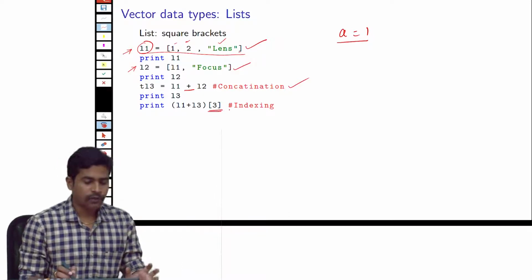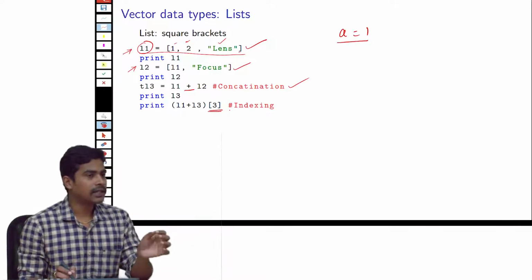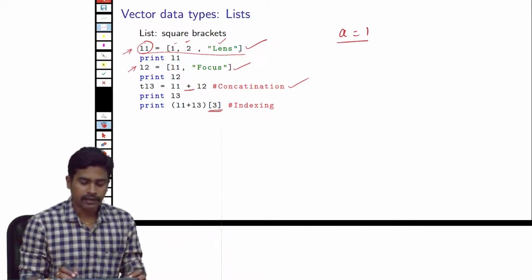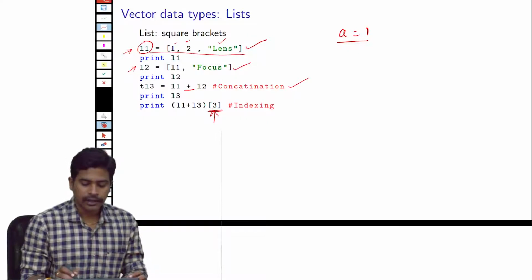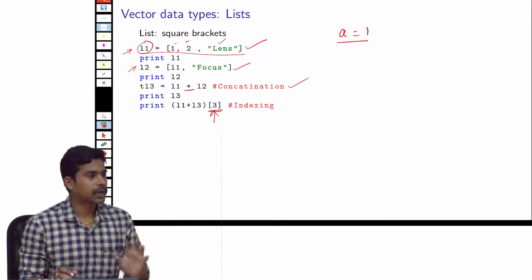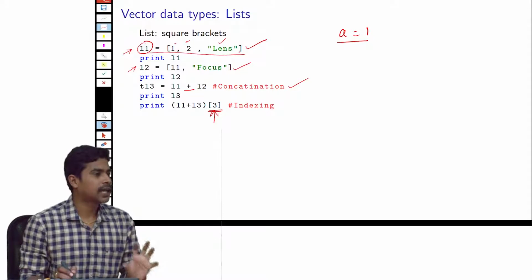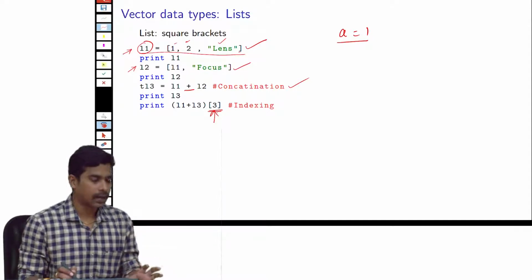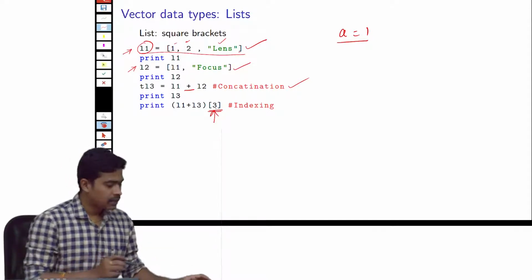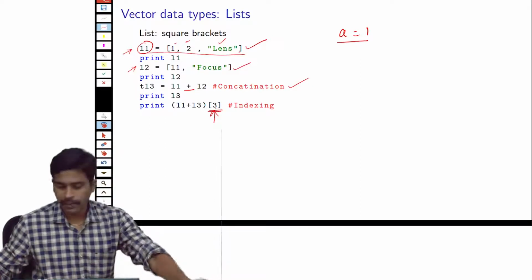Similarly, if you want to find the nth member of a list, you have to use again the index inside open and close square braces, and again the indexing starts from 0, okay, not from 1 as in MATLAB. So now let's try these commands in the Python shell.